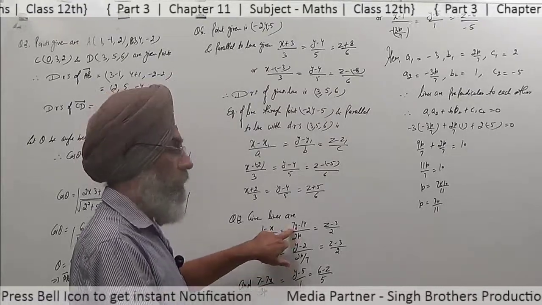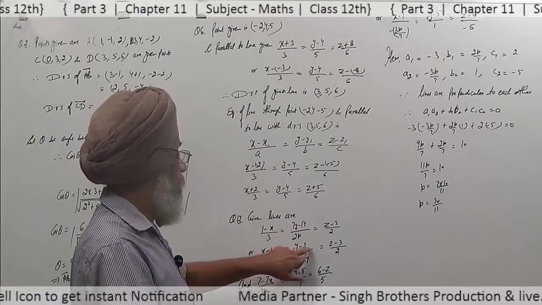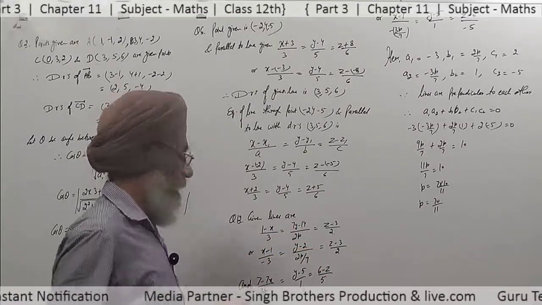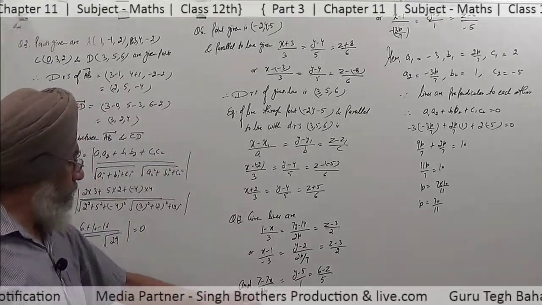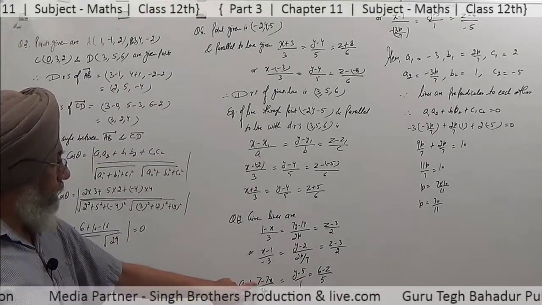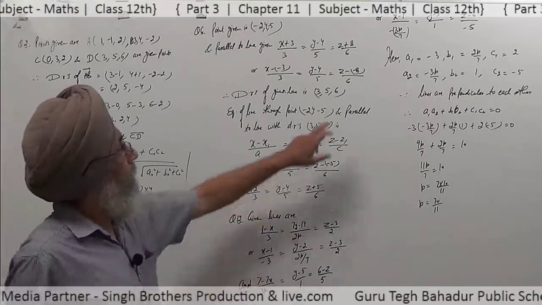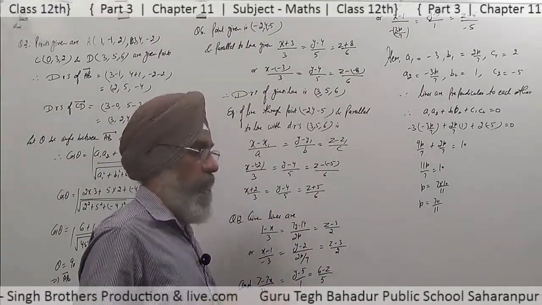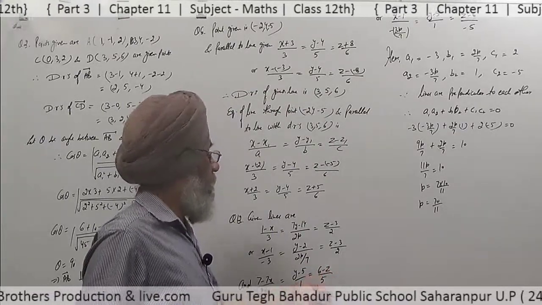Dividing numerator and denominator by 7, we get (y minus 2) upon 2p by 7, and (z minus 3) upon 2. The second equation is (7 minus 7x) upon 3p; dividing numerator and denominator by minus 7, it becomes (x minus 1) upon 3p by 7, (y minus 5) upon 1 as it is, and taking the negative sign common, (z minus 6) upon minus 5.